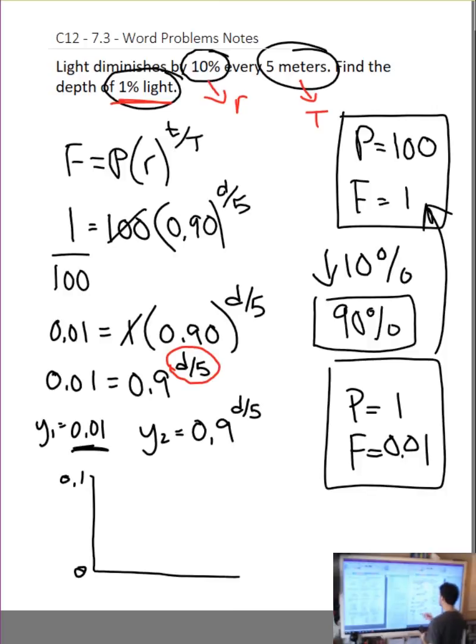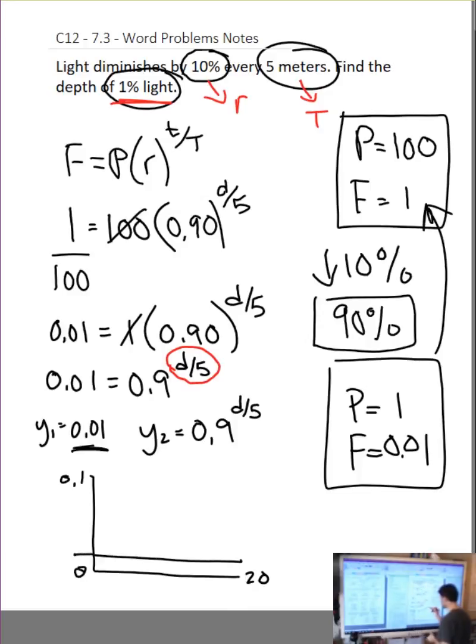And then I don't know how long this is going to take, but I usually have to make my x bigger. So I'm going to just make my x go from 0 to 20. And then if I press graph, I'm going to first see my y1, which is just a nice and simple horizontal line.